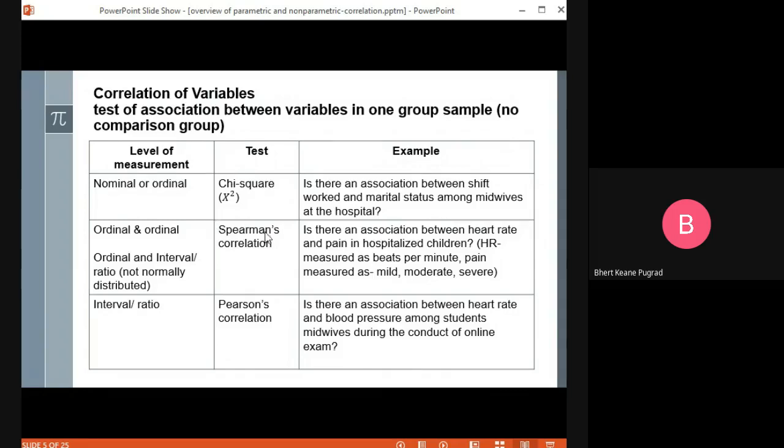Those are categorical variables. If you want to determine the relationship between the heart rate and the pain scale of your sample, since they are ordinal and interval or ratio, then we are going to use a Spearman's correlation. But if the two data that you want to correlate are both interval or ratio, the most appropriate test is your Pearson's r, or Pearson's correlation.